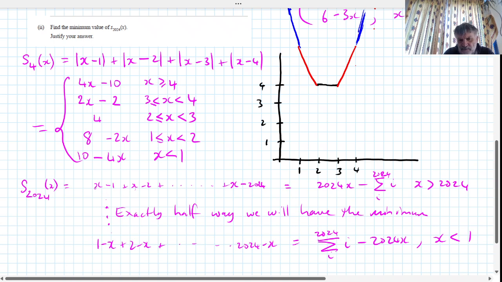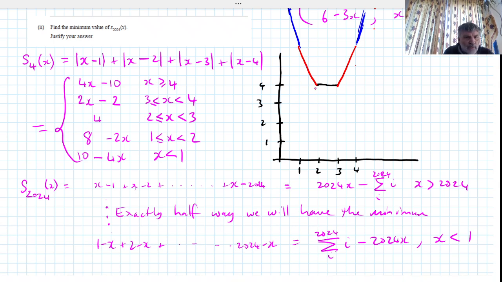And that's because this exact halfway is going to have a gradient of 0. Everything to the right of that's going to have a positive gradient going away, and everything to the left of it has got a negative gradient, so it's coming down towards that point.